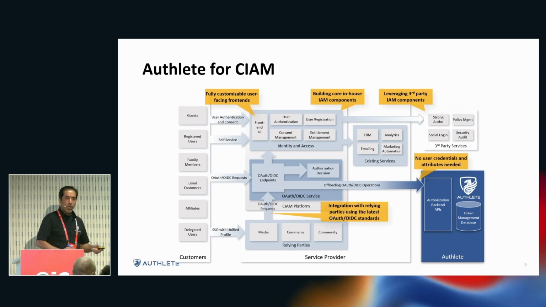And we work with any third-party solutions, including your API management gateways, because we communicate with your authorization server through an API. So you'll just have to build a few endpoints, and we will communicate through those endpoints and empower your authorization server to be fully compliant with the latest standards almost immediately.